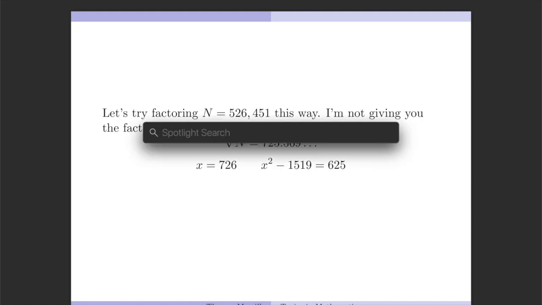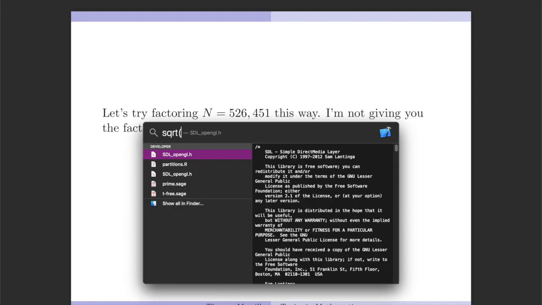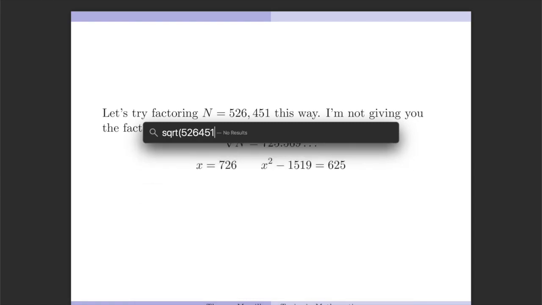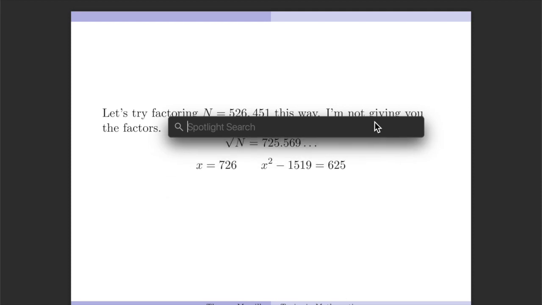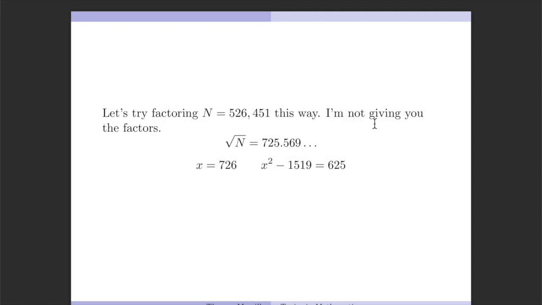I can double check that really quickly here: 526,451, 725 and change, yes. My first guess is going to be x equals 726. I had to round up to the next integer.